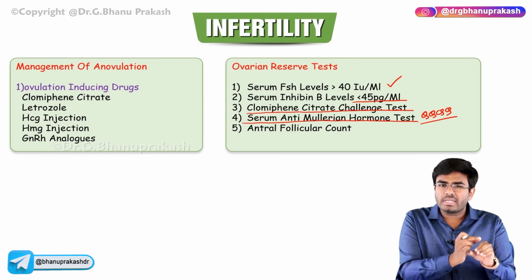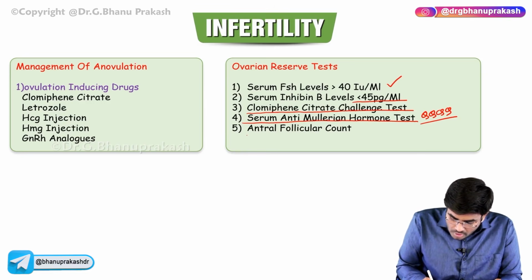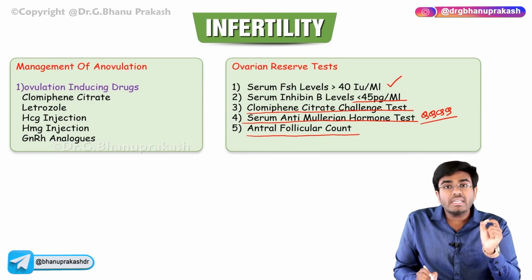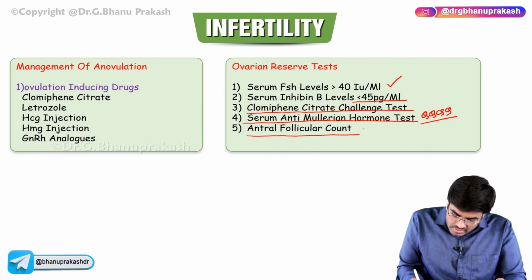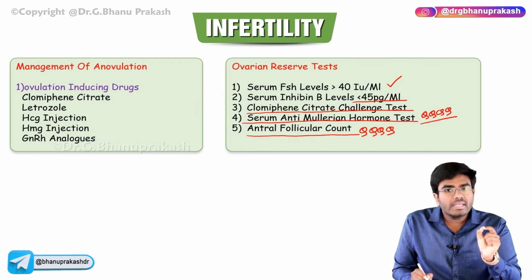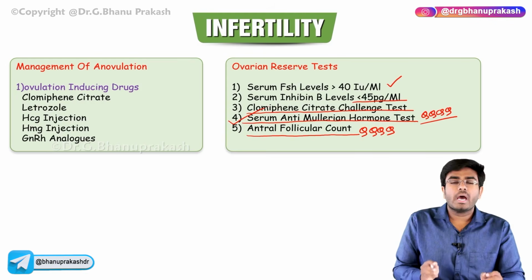So you are counting, which means it is a quantitative test. If they ask you, out of all the ovarian reserve tests, which test is a quantitative test? Quantitative test is antral follicular count, and the qualitative and best test is serum anti-Mullerian hormone levels.